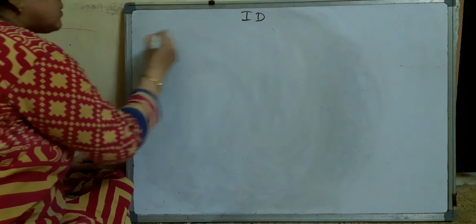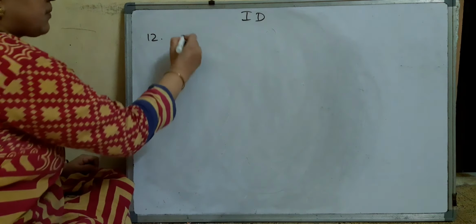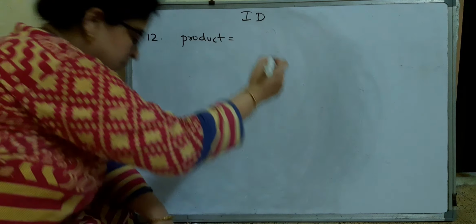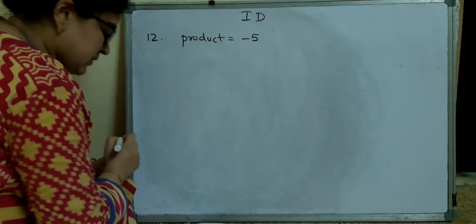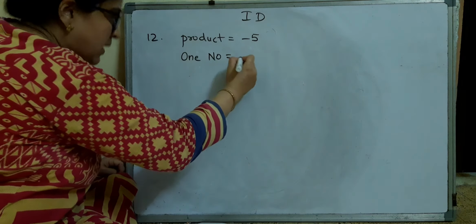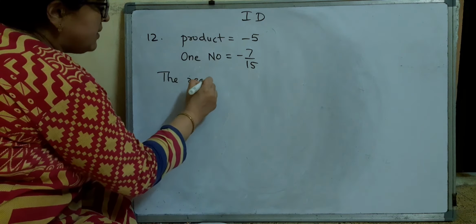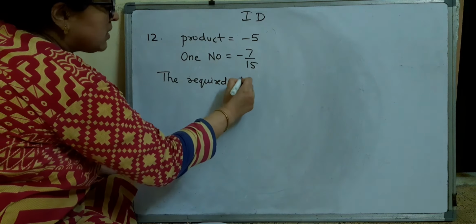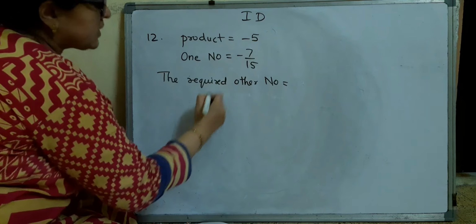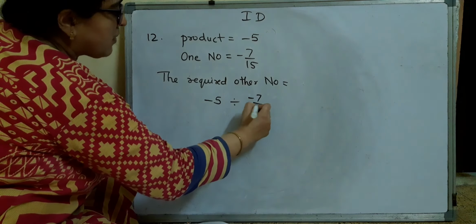1D, 12th question. The product of two rational numbers is -5 and one number is -7/15. So the required other number is, first of all write the product, -5 divided by -7/15.